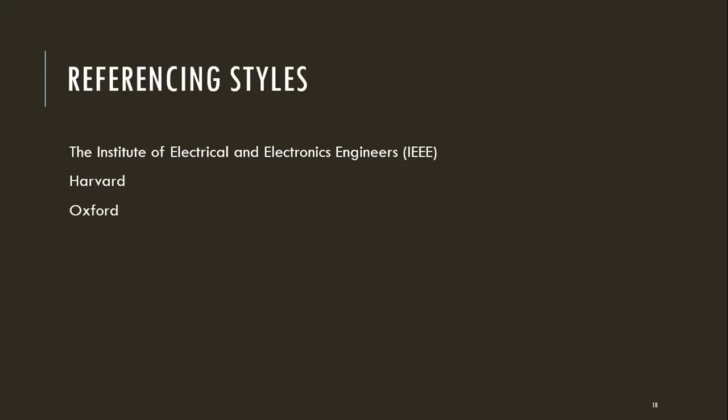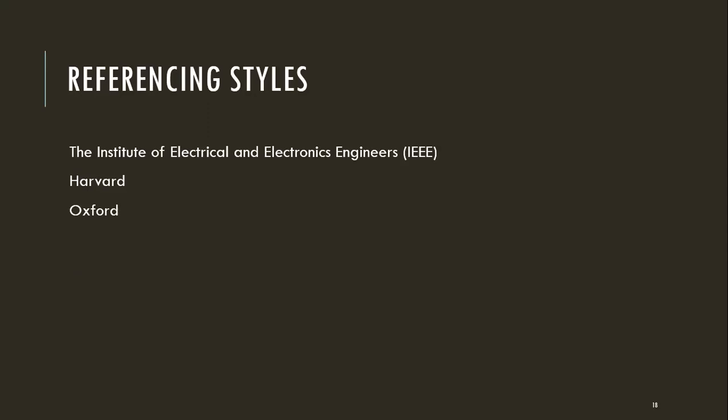Okay, now let's move on to referencing styles. What are the referencing styles? The most common referencing styles are the Institute of Electrical and Electronics Engineers referencing style, also known as IEEE. Then there's the Harvard referencing style and the Oxford referencing style. Oxford is the most commonly used referencing style in legal writing.